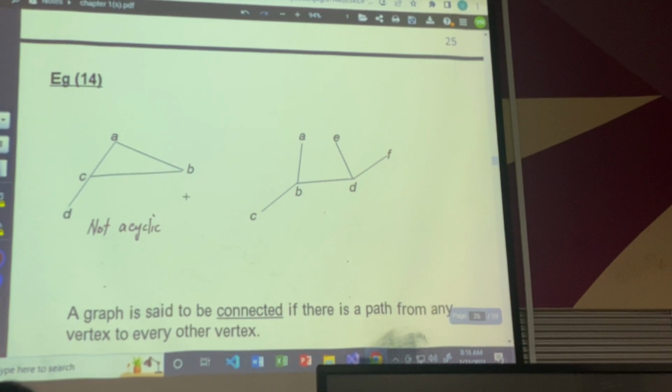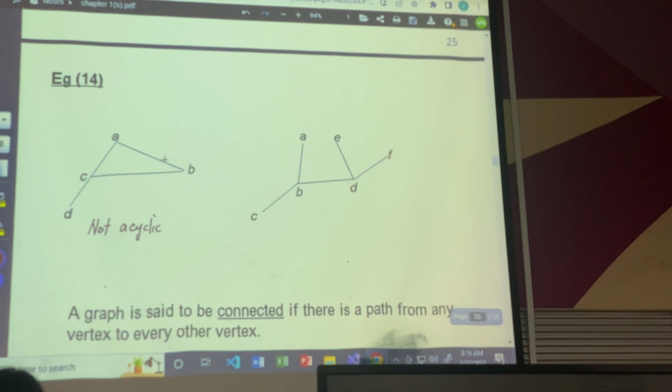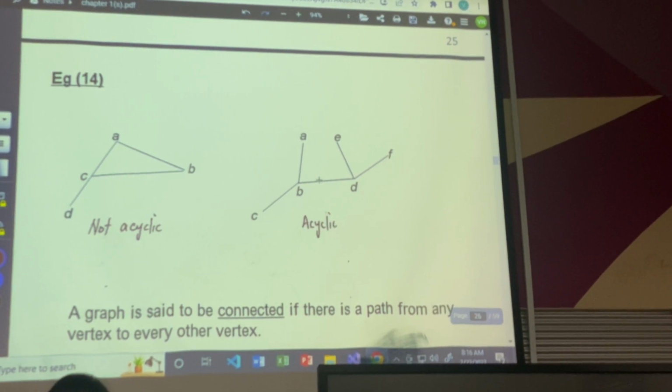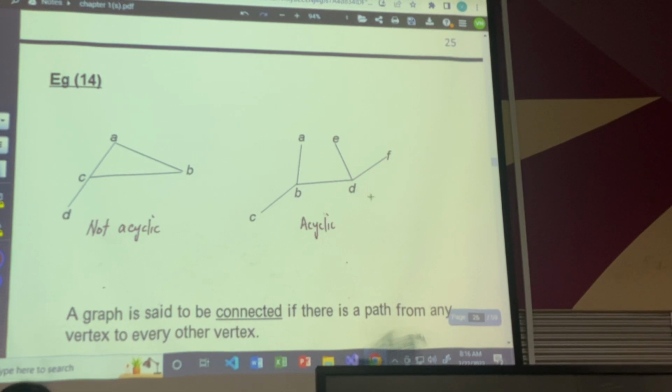If there is a cycle in the graph, then it is not acyclic. Okay, acyclic means no cycle. Then for this one, is it acyclic? This is acyclic, right? Because there is no cycle in this graph.